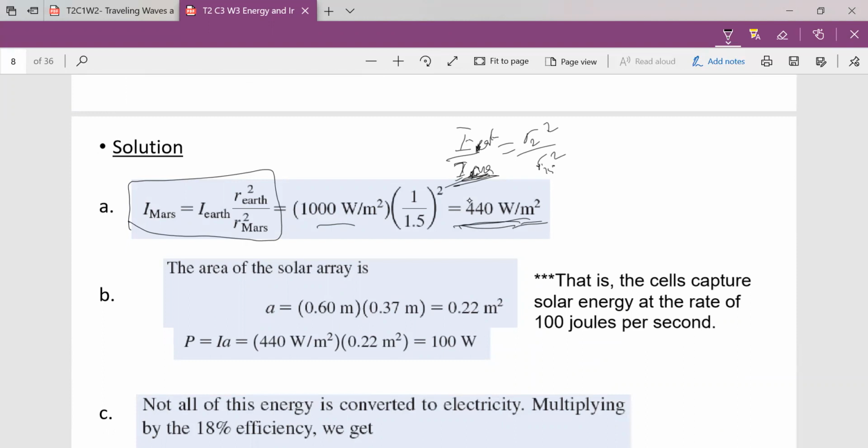So proceeding to solving the second problem, we want to calculate the energy that the solar cell can capture. So from our formula for intensity, which is I equals P over A, your P will be equal to I times A, intensity times area, right?